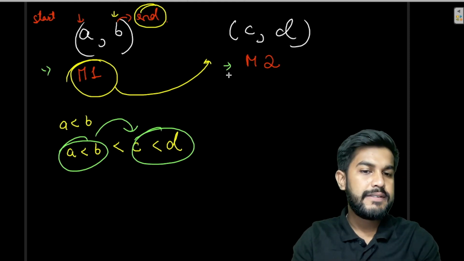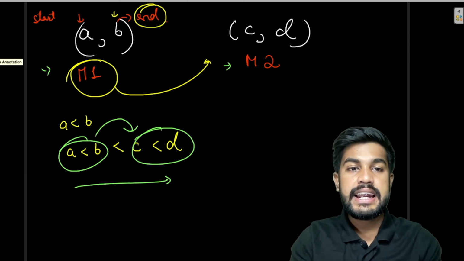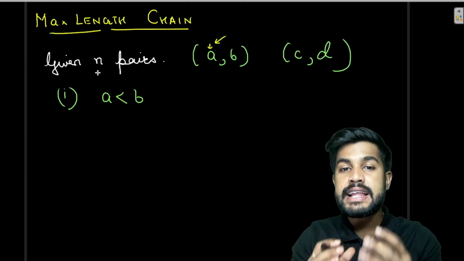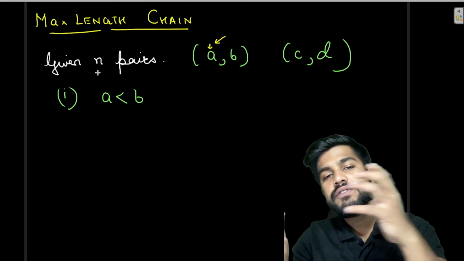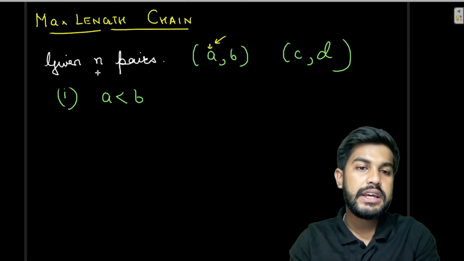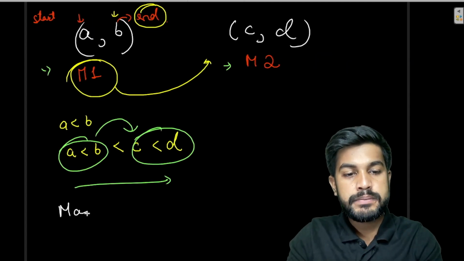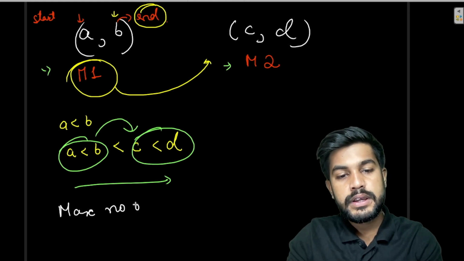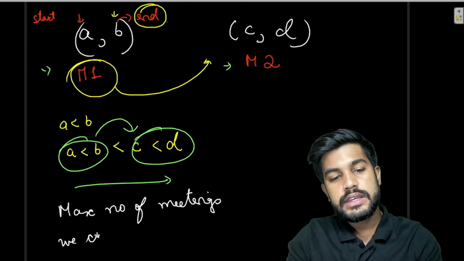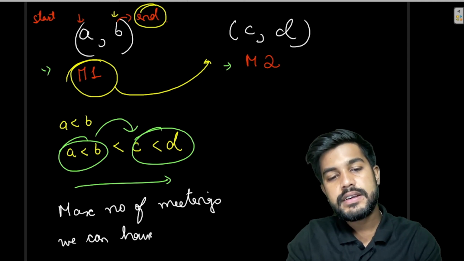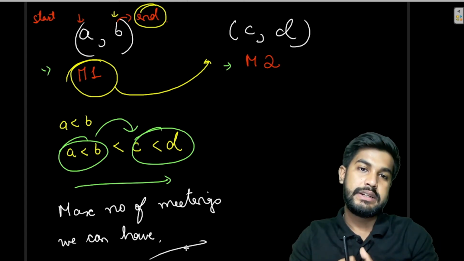Okay, fair enough. So now in this question, it is asked what is the maximum length of the chain of pairs. But as we have rephrased this to meetings, we can rephrase it to the maximum number of meetings we can have such that there is no overlapping of the meetings.